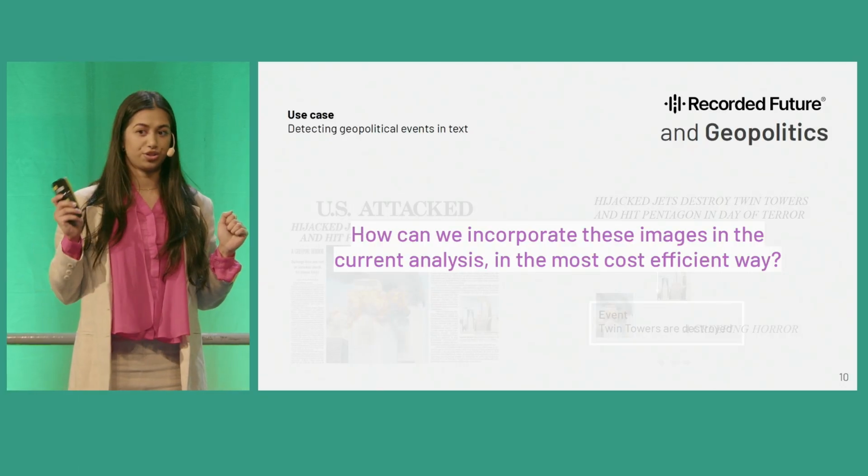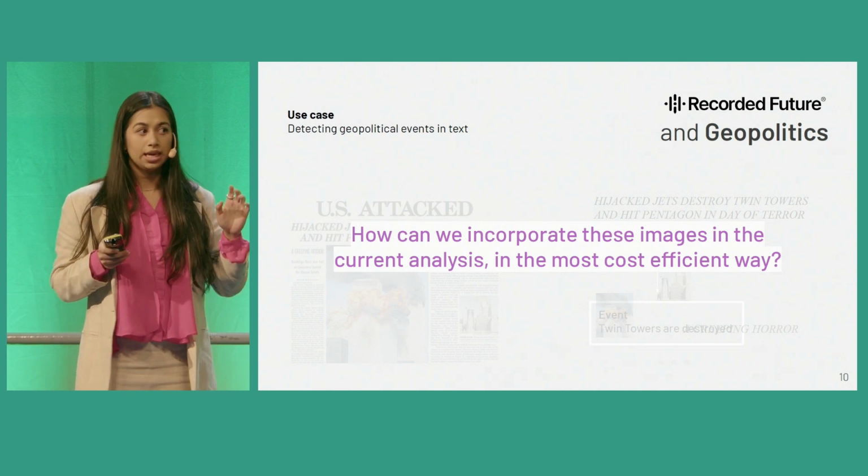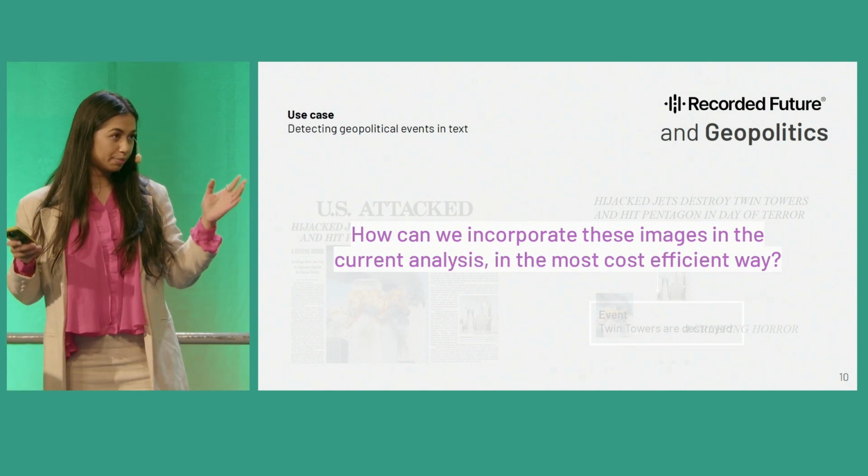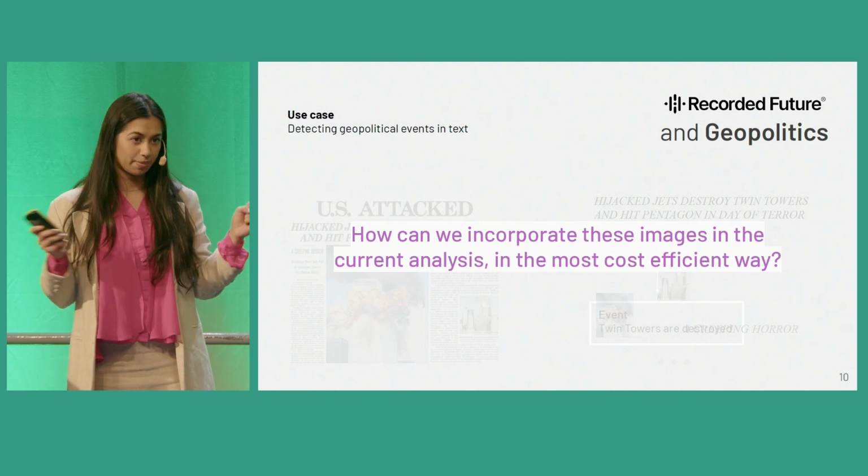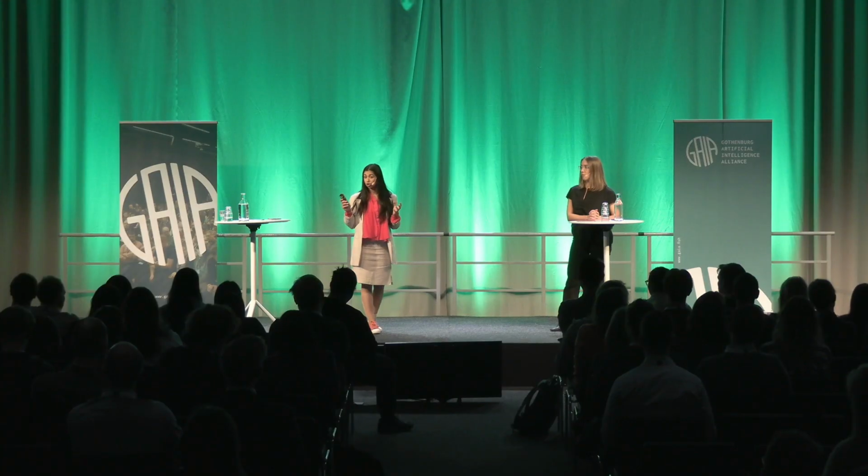So naturally, we ask ourselves, how can we incorporate images in the current analysis in the most cost-efficient way? Since the workshop at which we published focused on protest event detection, that's the event we chose to focus on as well.